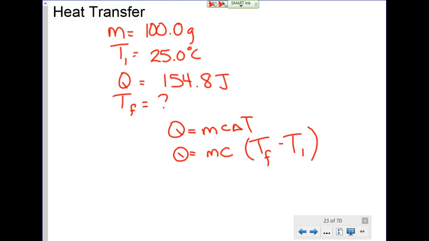Which way do you prefer? The other one? Okay.